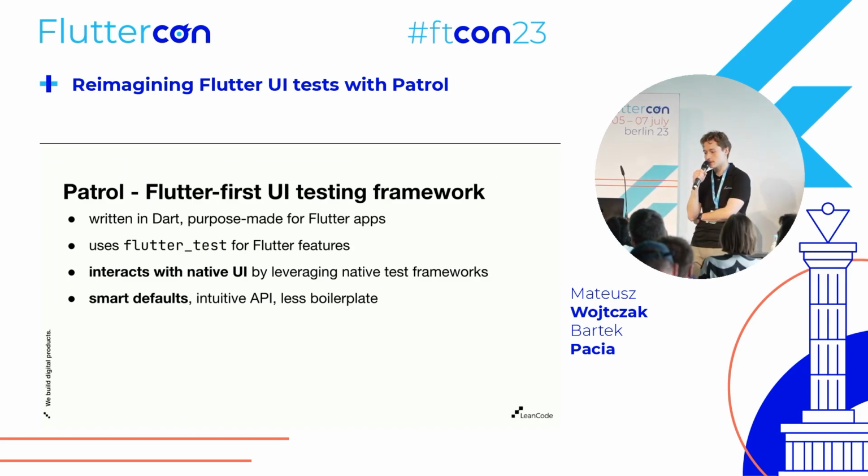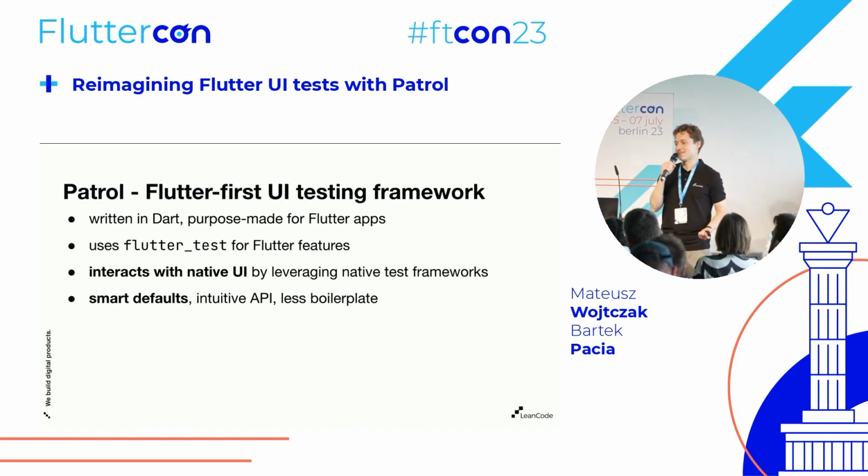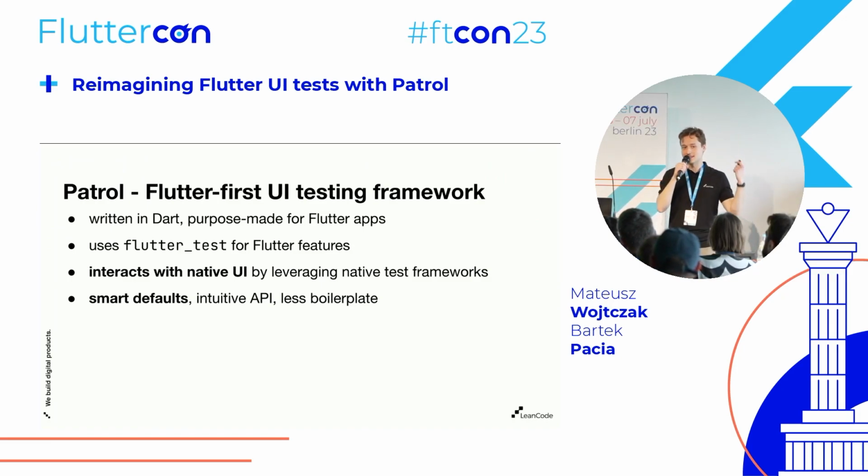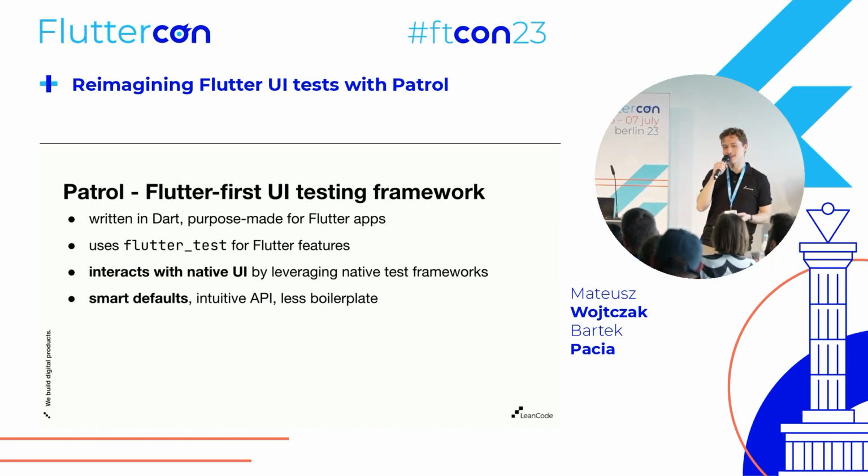And for example, they don't care about what it means to settle. This is a term that only we know as developers. They just want to find this text and tap on it. Scroll to that text and tap on it. And I want to see this text. And that's over. They don't care about settling, pumping some frames.